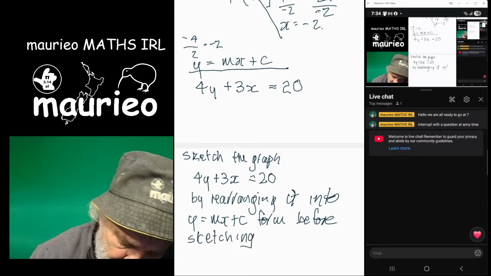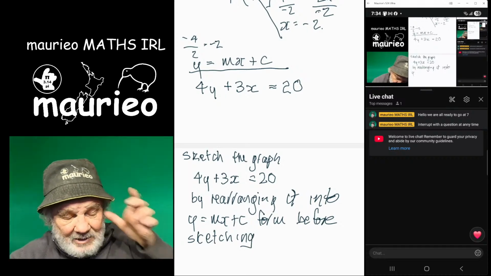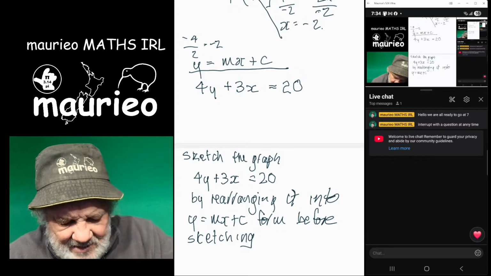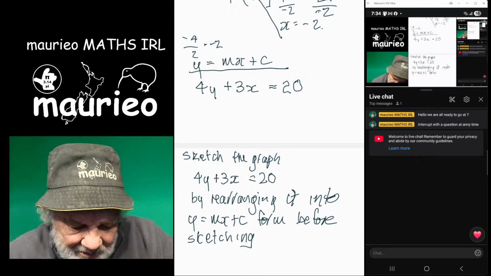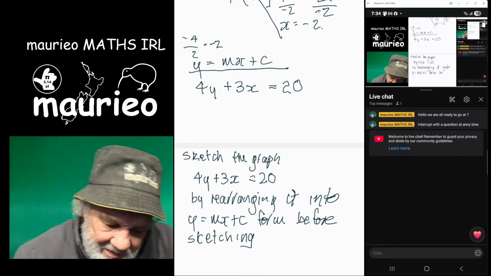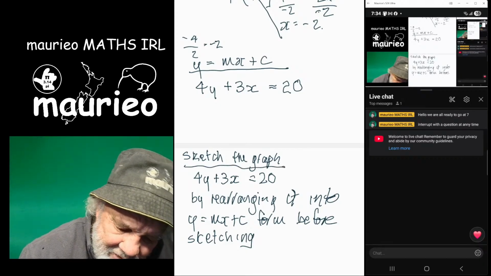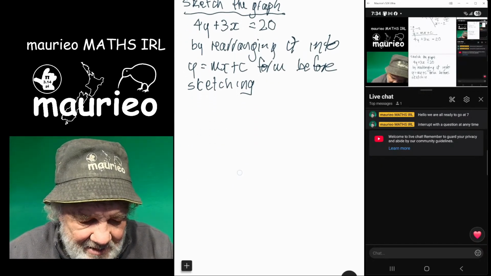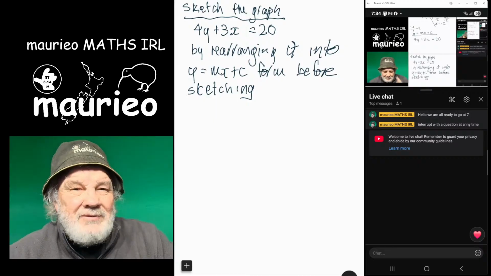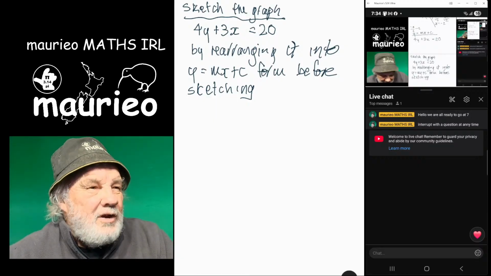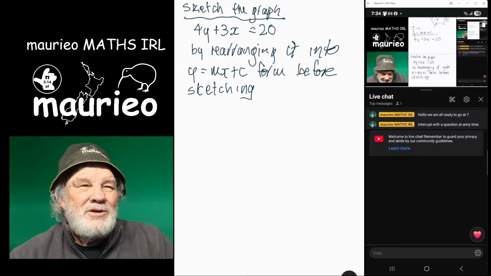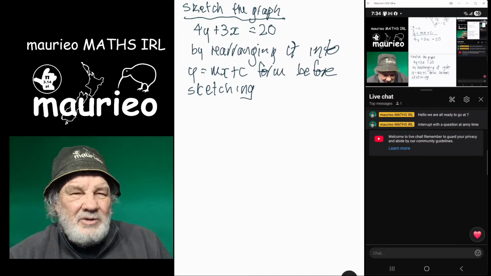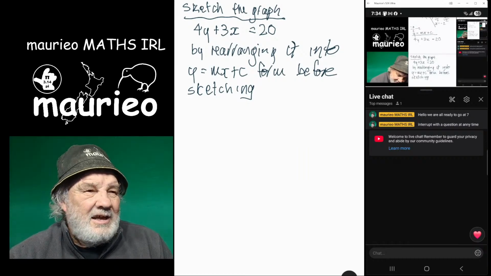So what we need to do with that one is put it in the form y equals mx plus c. How are we going to do that? And then we need to sketch the graph. That's going to be the takeaway. If you're following through this and want to try something on your own, see if you can do it. That's one to have a go at.